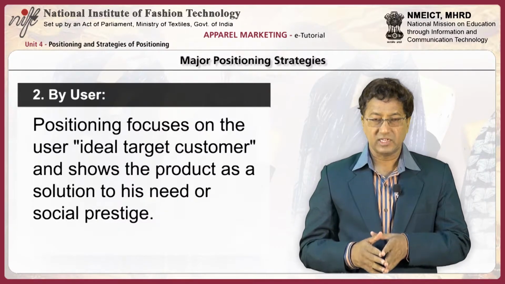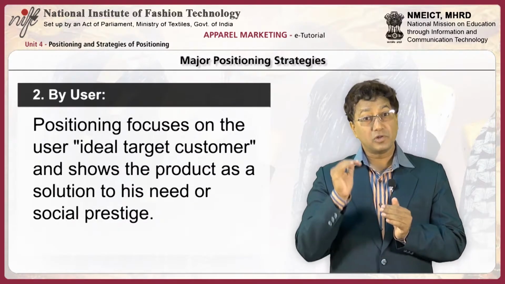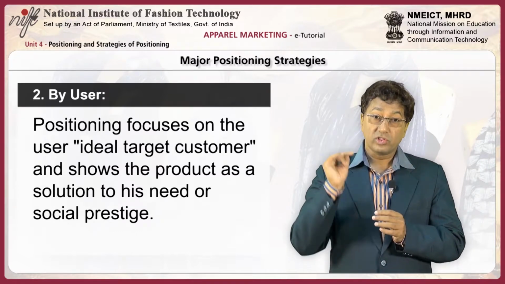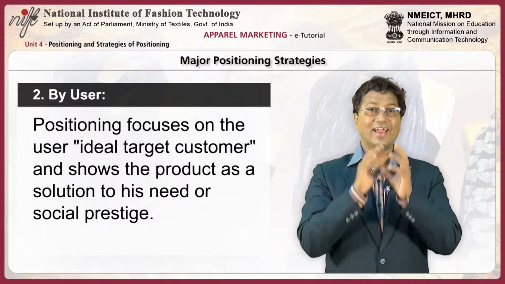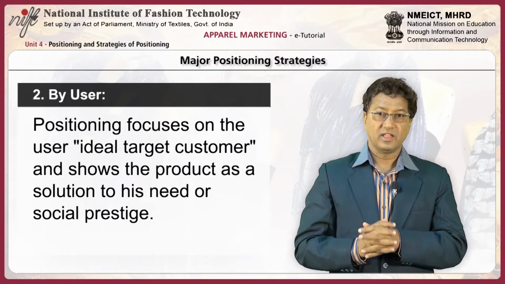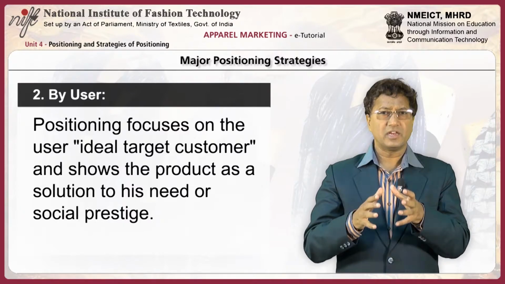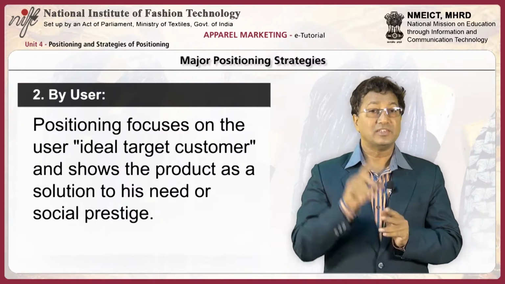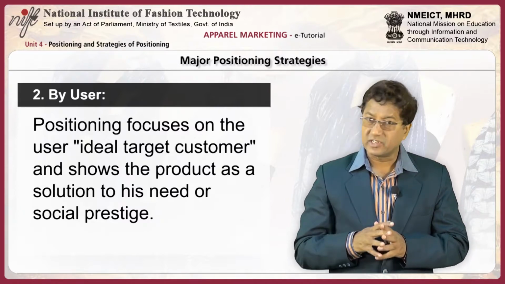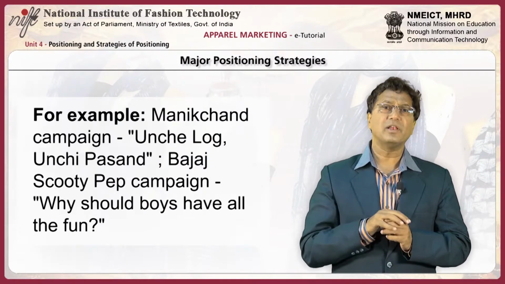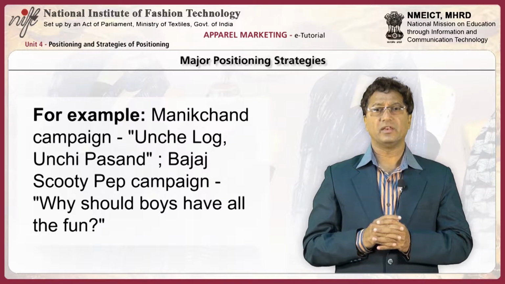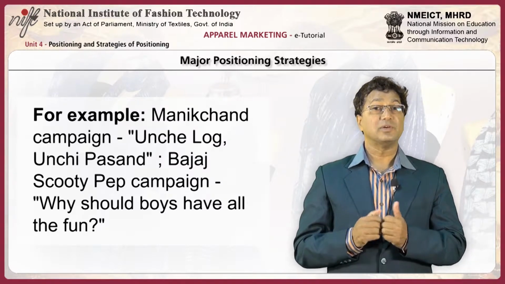The next one is by user. Positioning focuses on the user, that's the ideal target customer, and shows the product as a solution to his need or social prestige. For example, the Manikchand campaign, Unche Log, Unche Pasand.